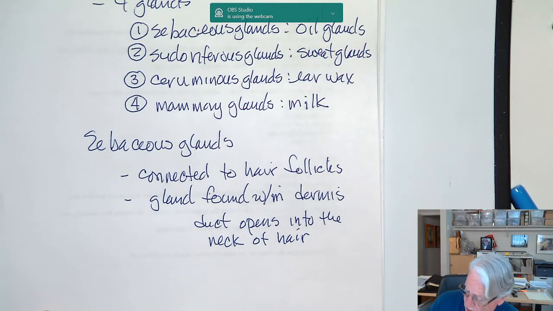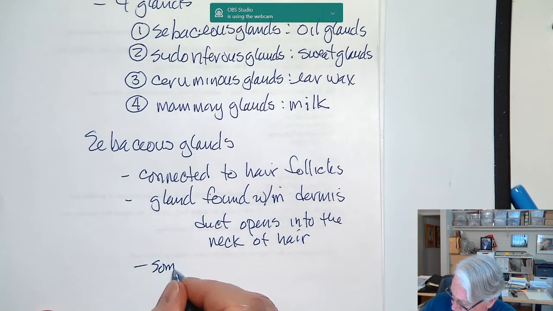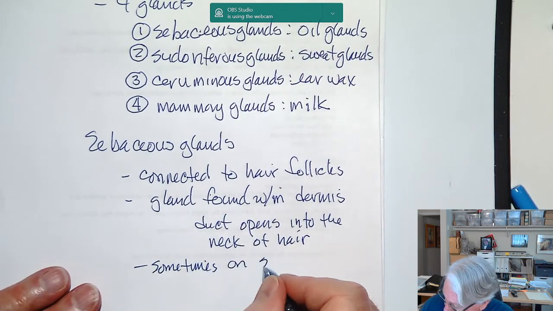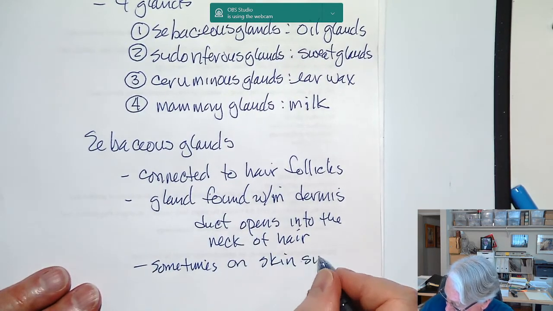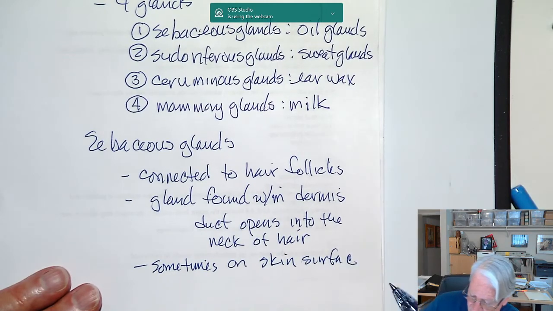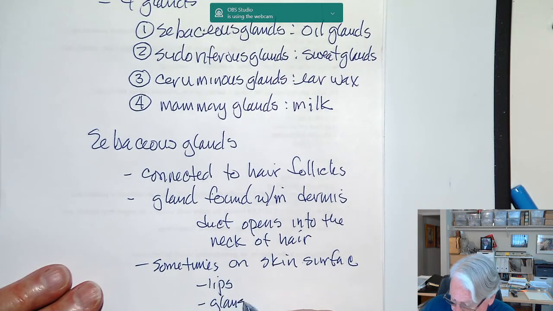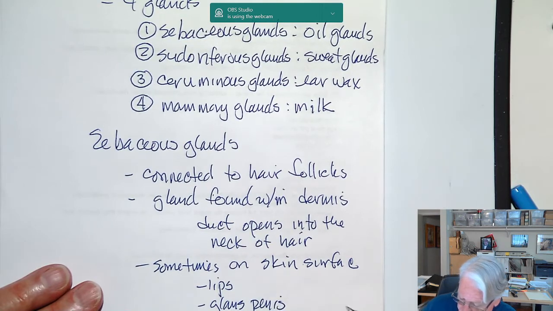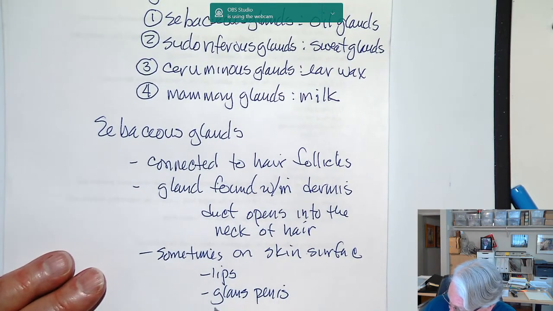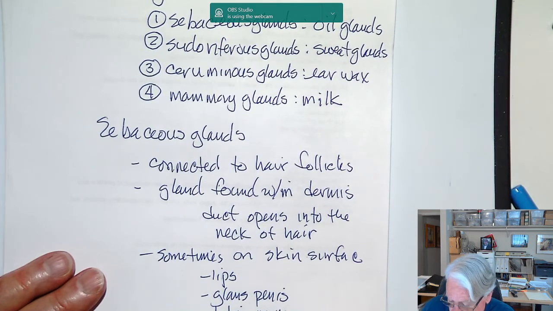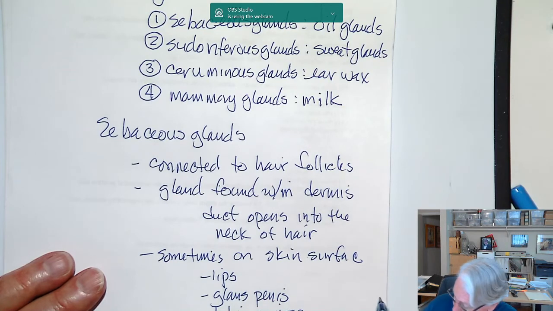Okay. They are also sometimes on the skin surface. That is, they open up to the skin surface on places like the lips, the glans penis, which is the head of the penis, the labia minora, which is the inner fold of the external genitalia for females, and the eyelids.